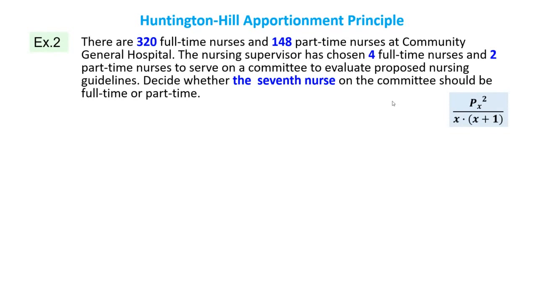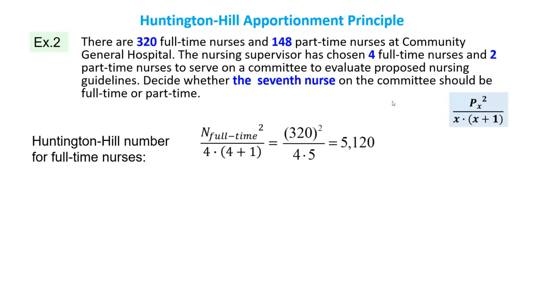The nursing supervisor has chosen 4 full-time nurses and 2 part-time nurses to serve on a committee to evaluate proposed nursing guidelines. Decide which group will get the 7th nurse, so we increase the representative body. We will compare the Huntington-Hill numbers for the 2 groups.